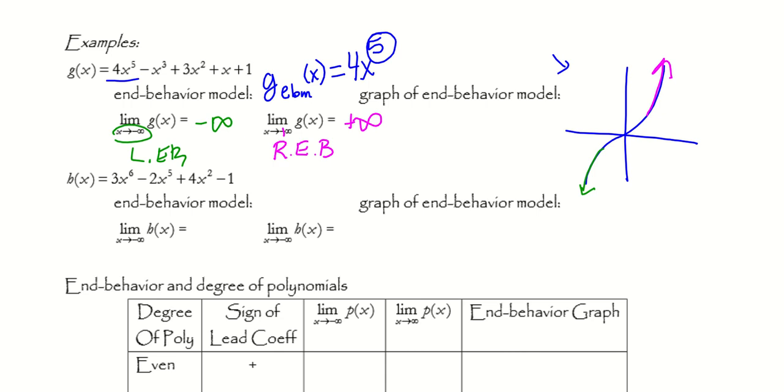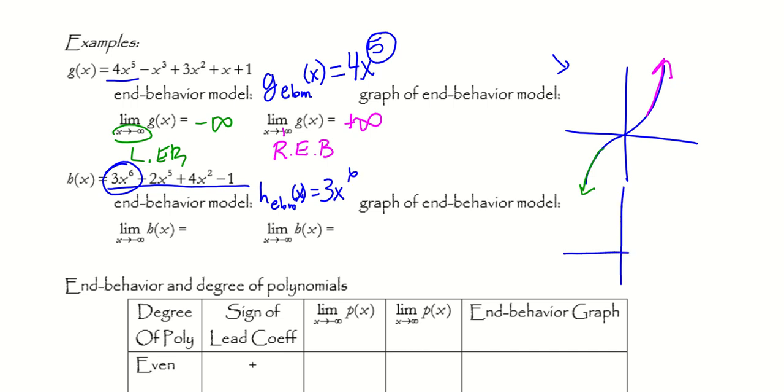So here we have this 6th degree polynomial with a leading term 3x to the 6th. So h has an end behavior model that is the power function 3x to the 6th.